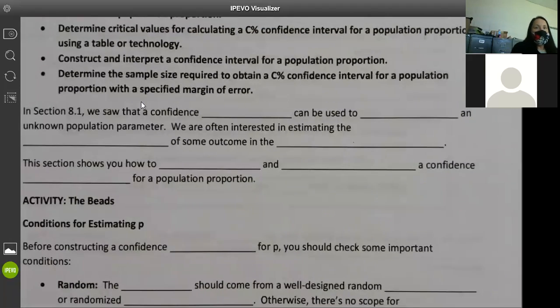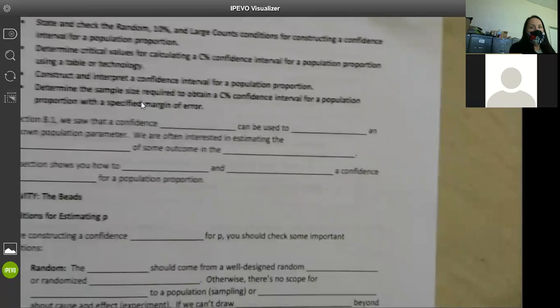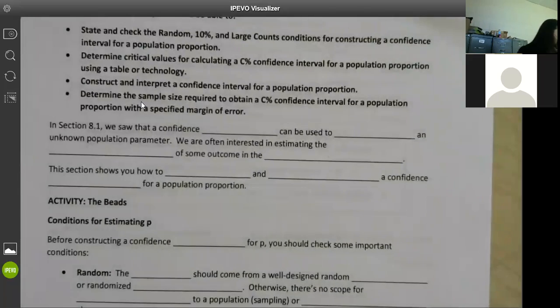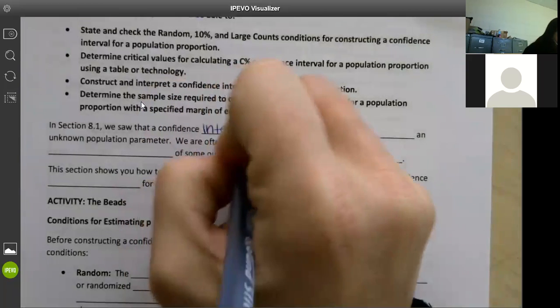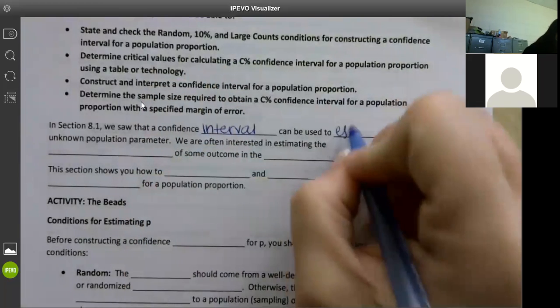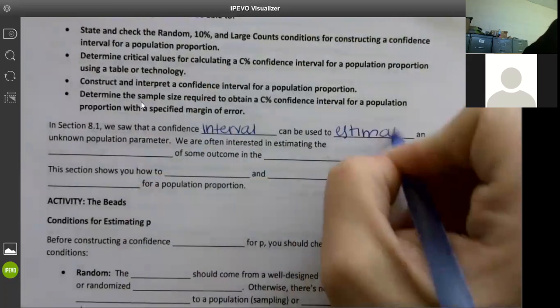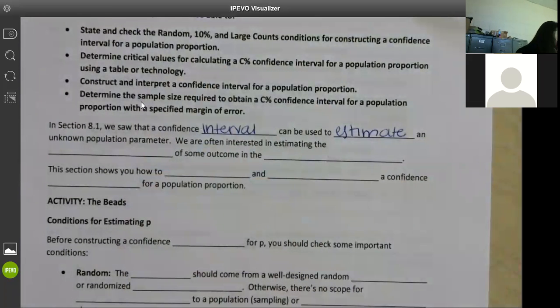All right, in section 8.1, we saw that a confidence interval can be used to estimate an unknown population parameter.